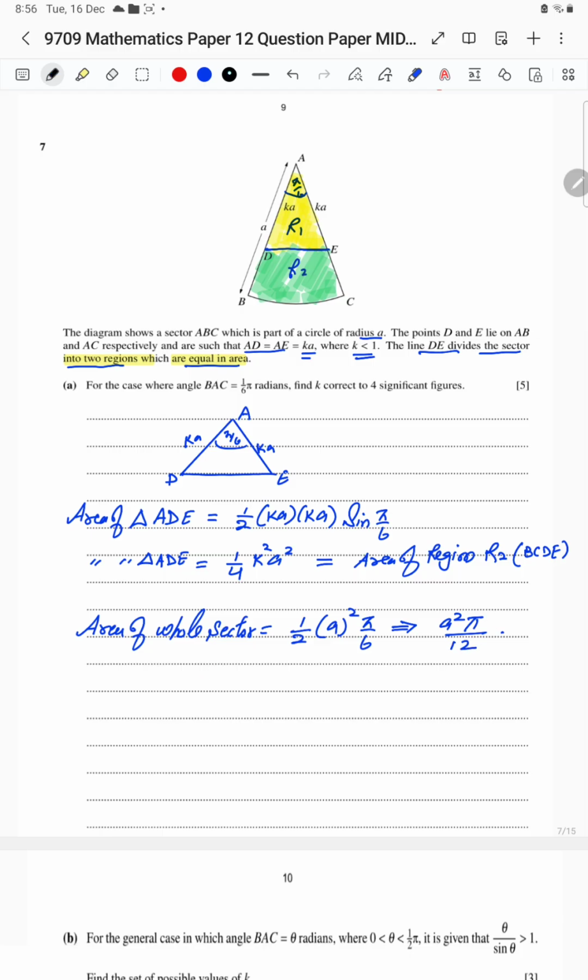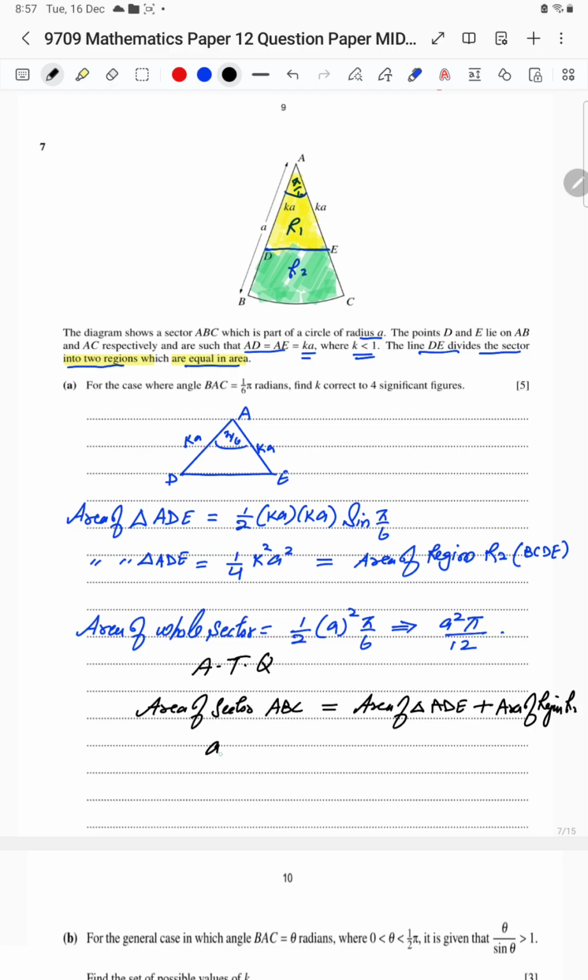So now according to the question, ATQ, I can abbreviate as according to the question. It is given that the total area, that is the area of sector ABC, equals the area of triangle ADE plus the area of region 2.